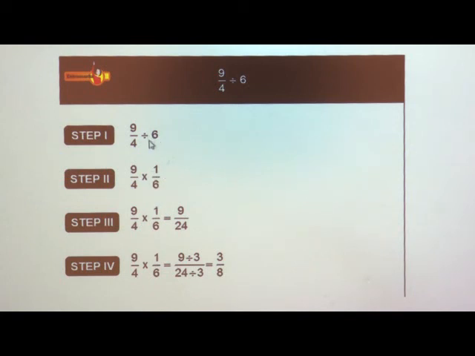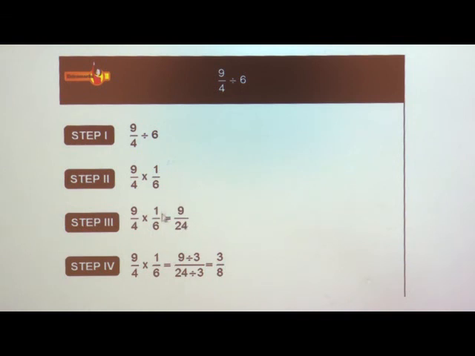Since nothing is there in the denominator of a whole number, we imagine it as 1, so the reciprocal will be 1 upon 6. Here we multiply both numerators and both denominators. The multiplication of the numerators is 9 times 1 is 9, and 4 times 6 is 24.